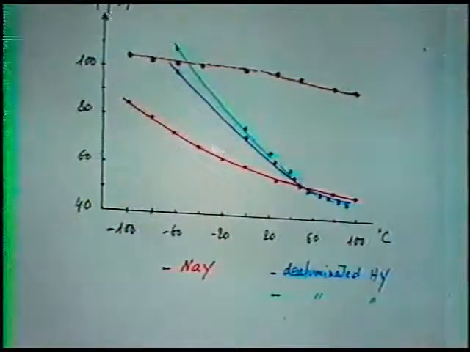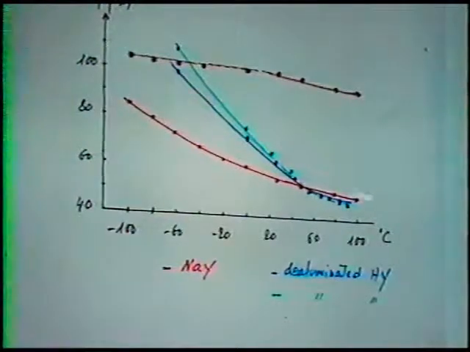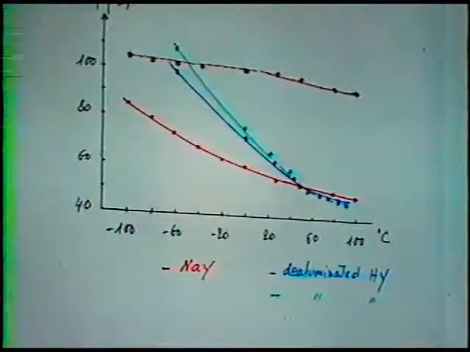We see that whatever the chemical nature of the structure, we have, for example, sodium Y zeolite, and here the dealuminated Y zeolite. We see that at low temperature, we have a large difference, but above about 25-30 C degrees, all the results are on the same line, proving that at high temperature, the main influence is the structure.